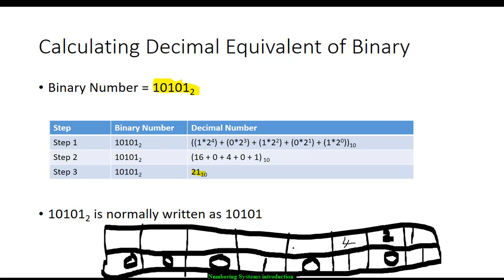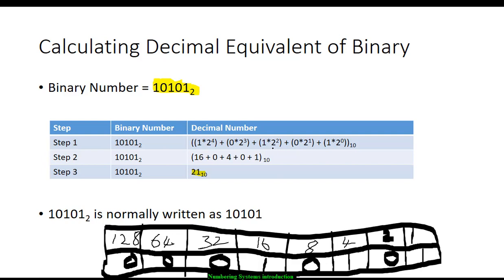That should be 8. That should be 16. That should be 32. That should be 64. That should be 128. So that is your binary table. Excuse the table format.